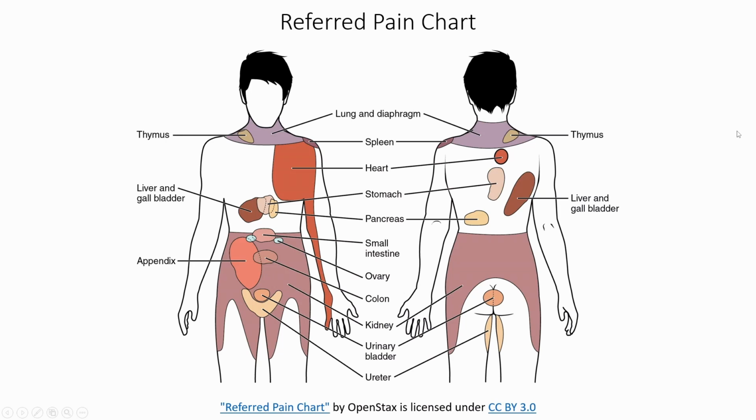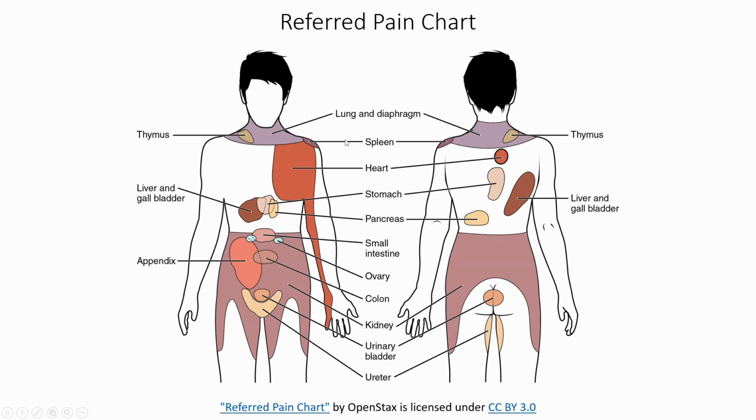But there's going to be a little bit of carbon dioxide left behind, and it causes irritation to the diaphragm, the muscle forming the top of your abdominal cavity. But you don't feel the pain down at your ribs or anything. You feel it in your shoulder, like we see here, lung and diaphragm. So I actually felt pain and irritation in my shoulder, even though it was my diaphragm that was being irritated right after this surgery.